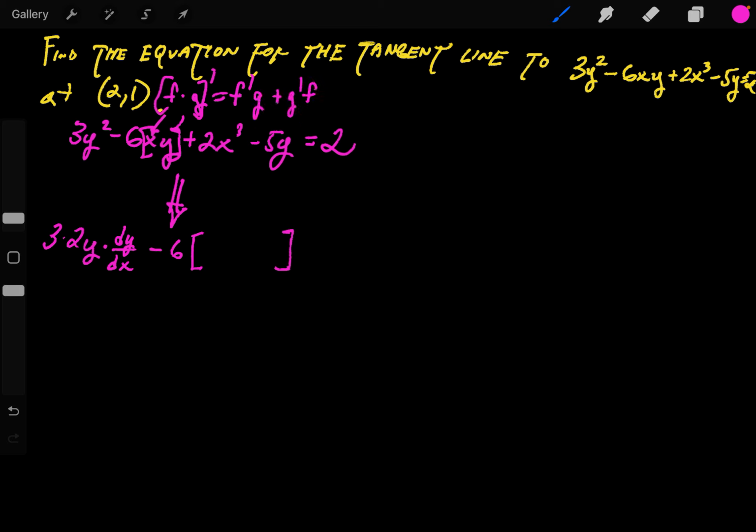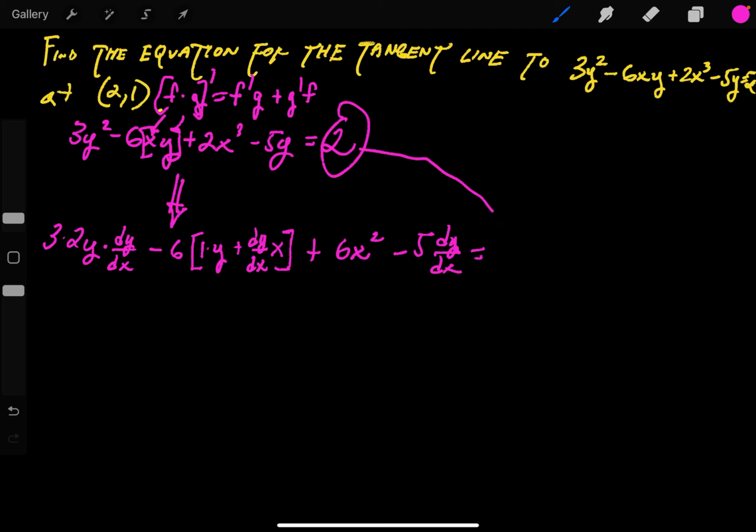So the derivative of x is 1 times g, which is y, plus the derivative of y, which is y prime, or dy/dx, whatever notation you want to use, times f, which is just x, plus the derivative of 2x cubed, which is 6x squared, minus 5 times the derivative of y, which is dy/dx, is equal to the derivative of the right hand side as well. The derivative of 2 is just 0 because 2 is a constant.